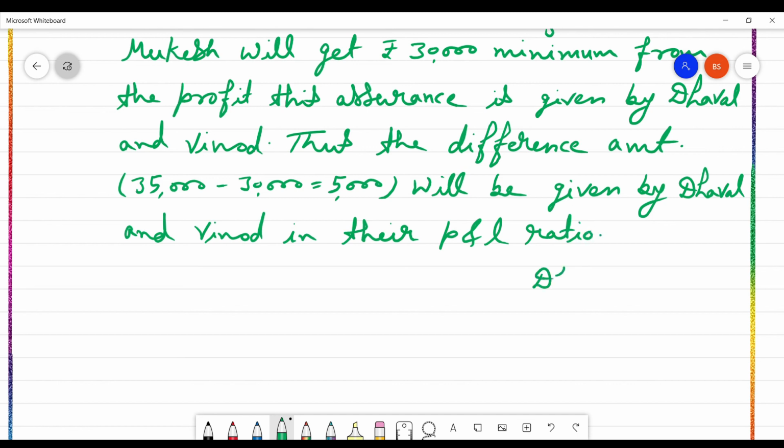So Dhaval and Vinod's P&L ratio will be 1:1.